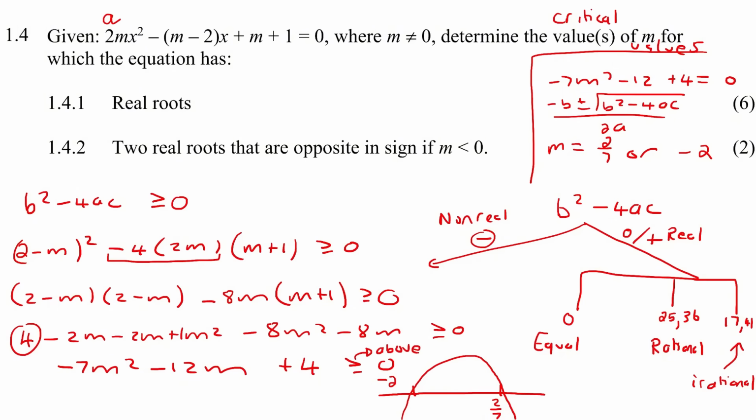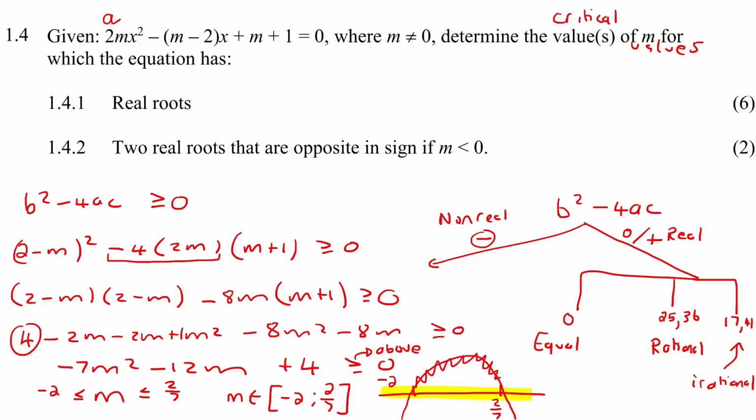So if your x-axis is here, then where is the graph above? Well, it's all of that. So it is when m is between minus 2 and 2 over 7. If you rather want to use interval notation, you could say that m is an element going from minus 2 to 2 over 7, like that.